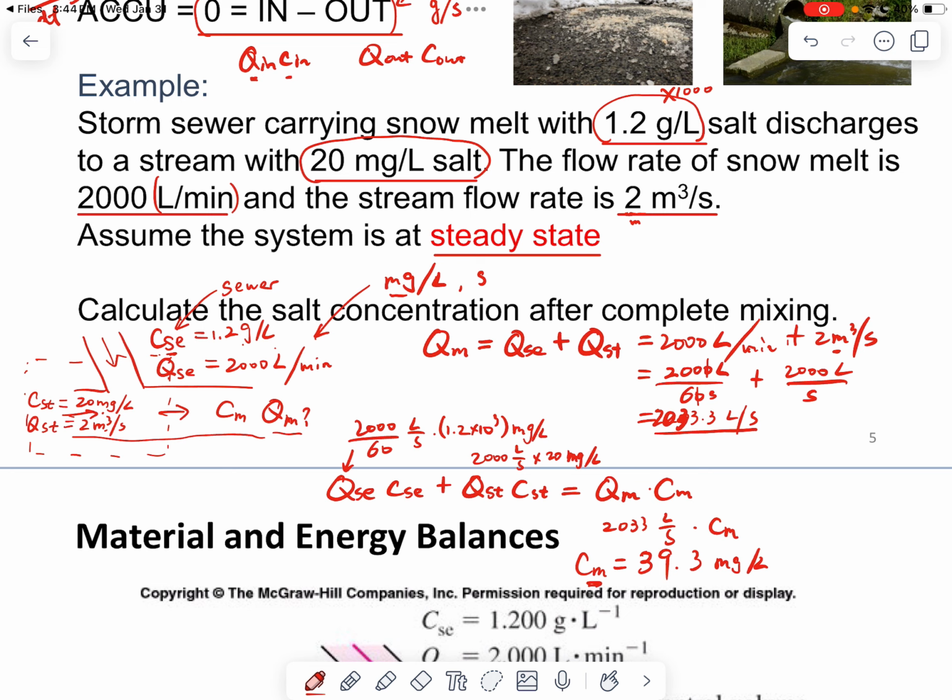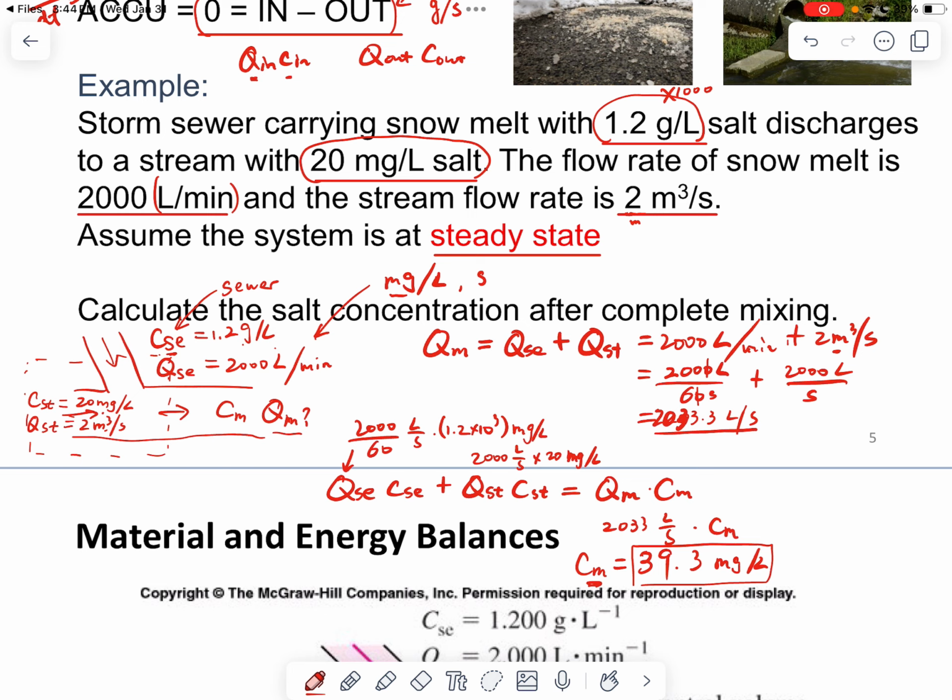So you can see, although the concentration of the salt in the sewer stream is relatively high, because the flow rate of the sewer stream is much smaller compared to the stream water, the total impact of the salt in the sewer is not that significant, right?